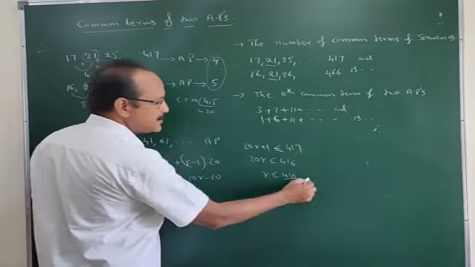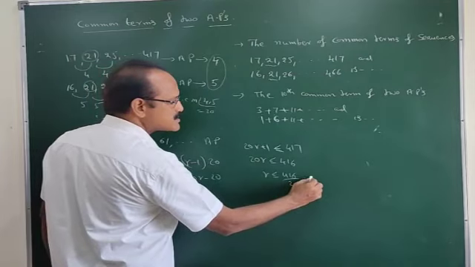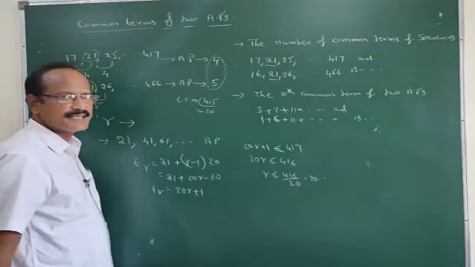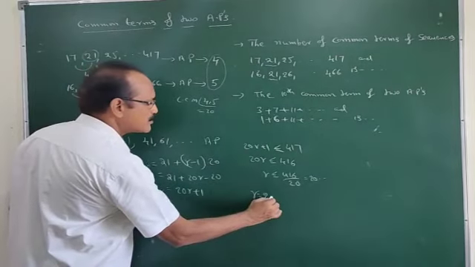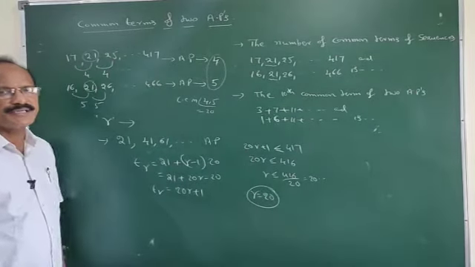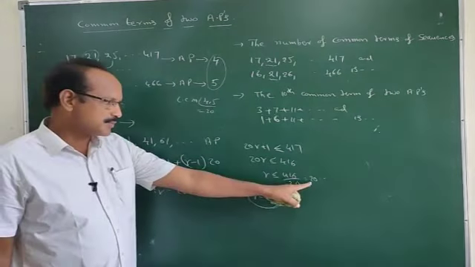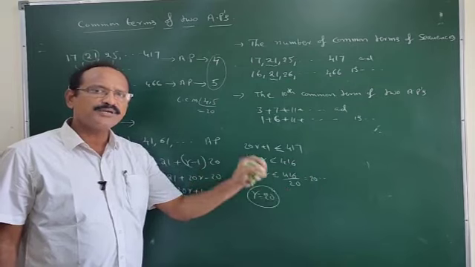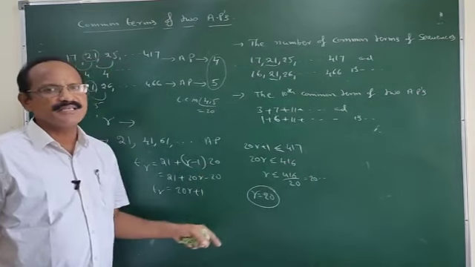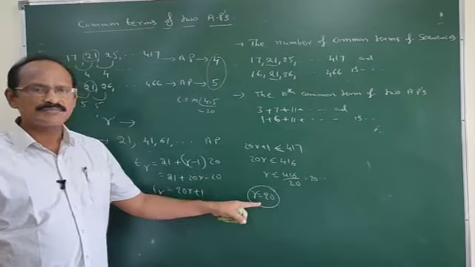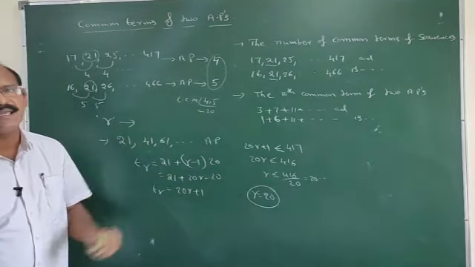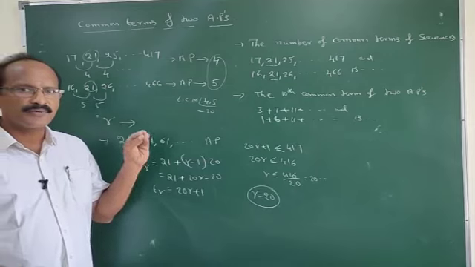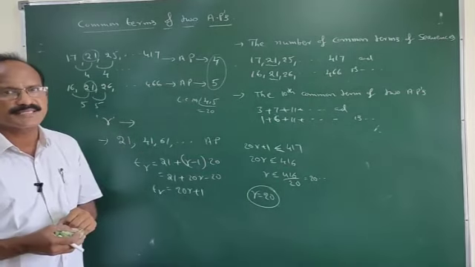It is nearly 20 point something, but R is always an integer. Suppose it is 20.22, we have to take only the integer part because R is always an integer here. So the number of common terms of both APs is 20. In this way we can calculate the number of common terms of both APs.